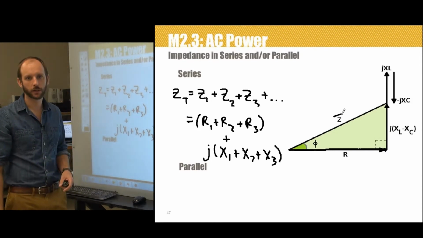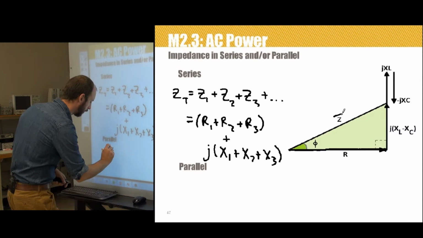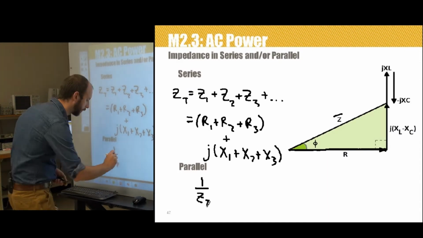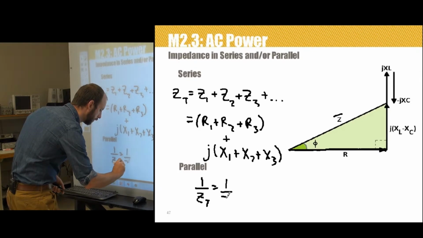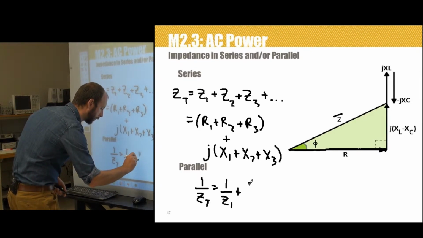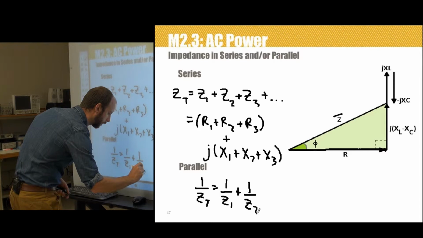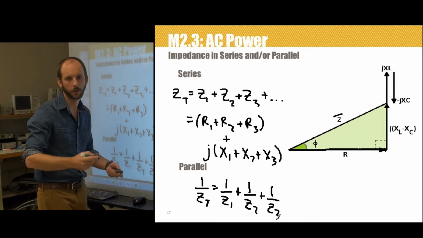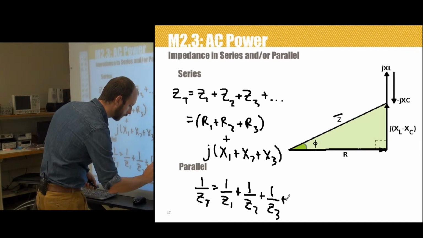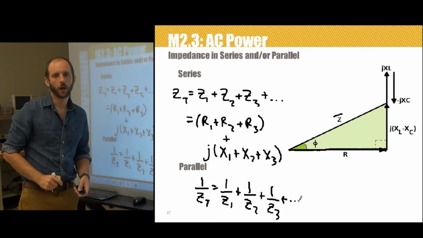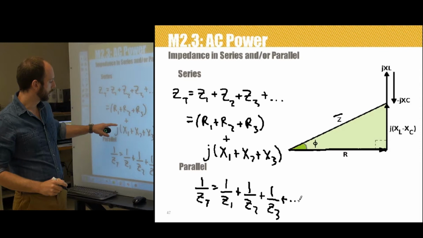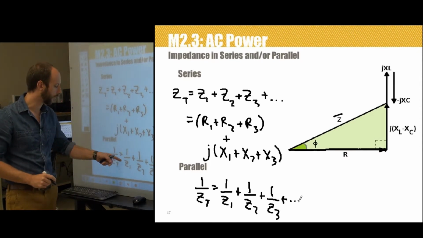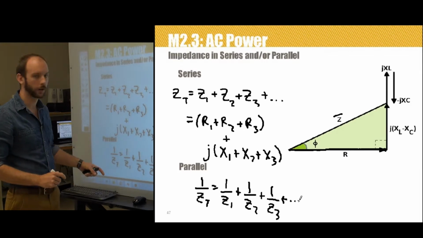For parallel circuit elements, we use 1 over Z sub T equals 1 over Z1 plus 1 over Z2 plus 1 over Z3, right? Plus and so on. Breaking it up into real and imaginary portions like that does not work for the parallel formulation.